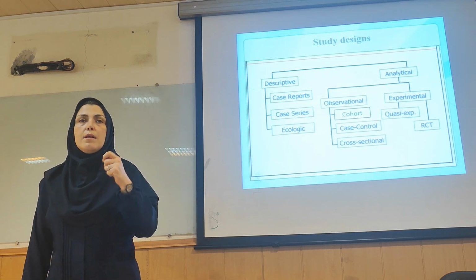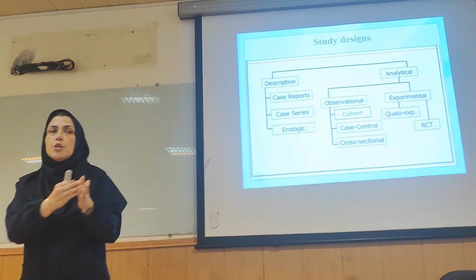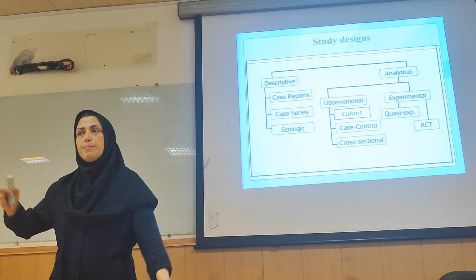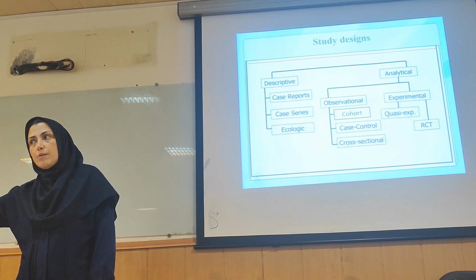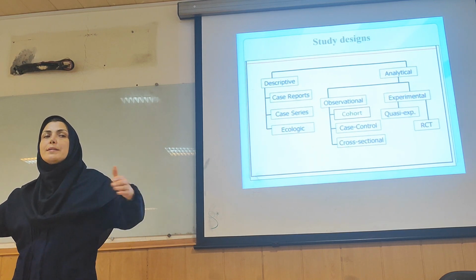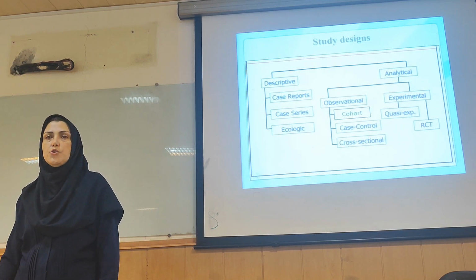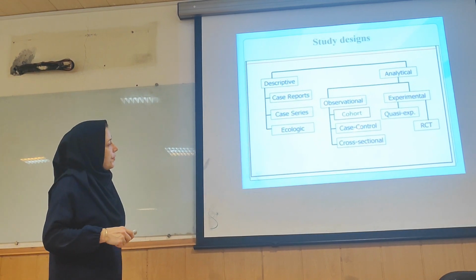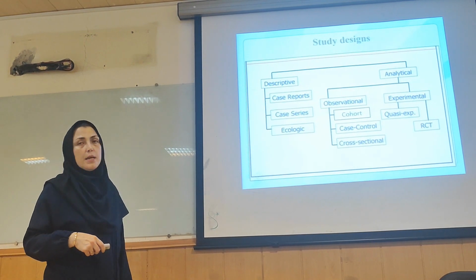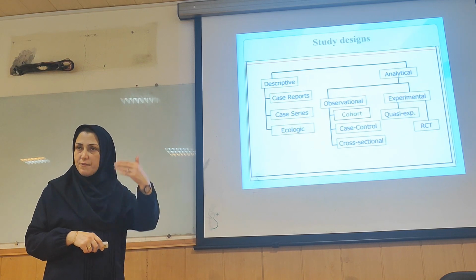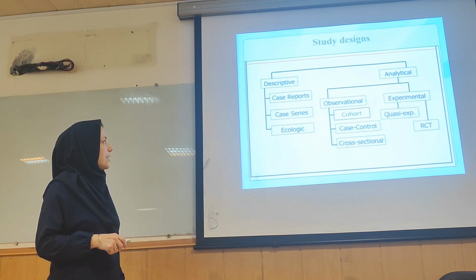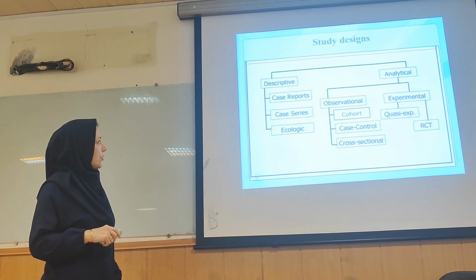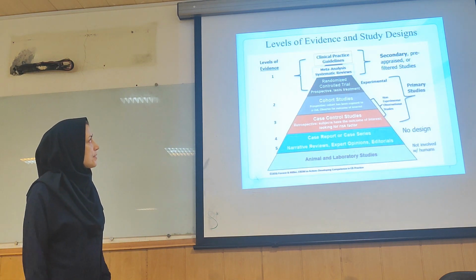We can use some new medication for one group and standard medication for the other group and compare these two groups with each other. We are reviewing all of these study types in the next sessions. But today, we are going to review descriptive studies.